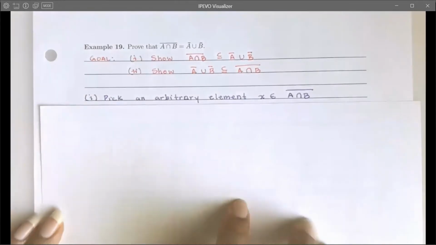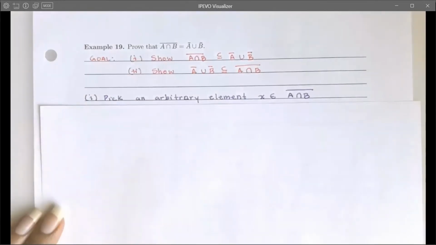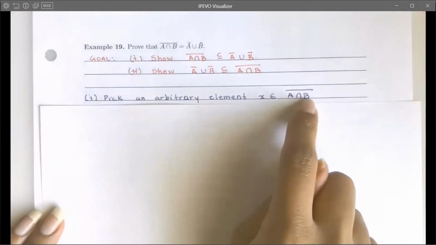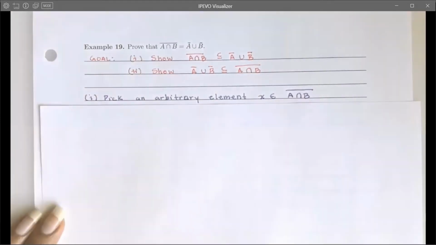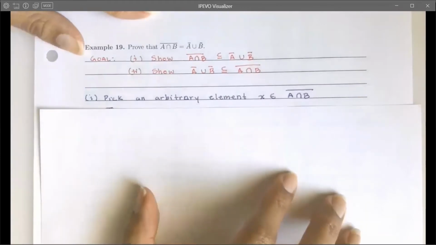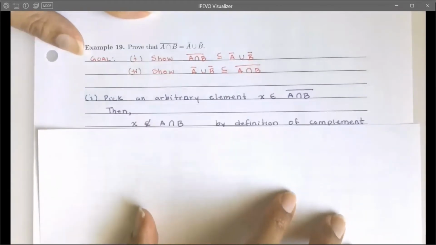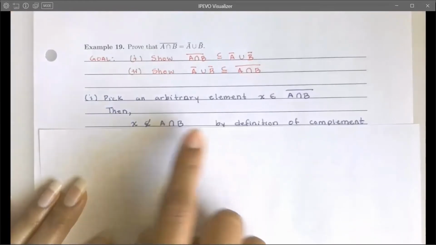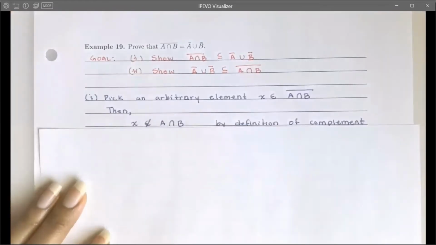And we're going to do so by picking an arbitrary element x that is part of the complement of A intersect B. And by the way, I have already written down the whole proof. That way we can just focus on the logic. Okay, so we're going to pick an arbitrary element. And then what that means is that x is not going to be found in the intersection, and that's by definition of the complement.